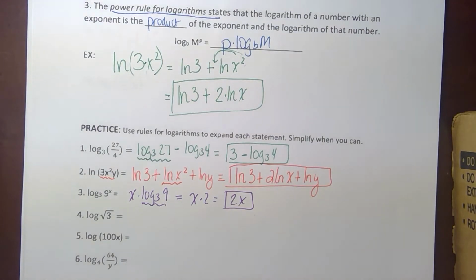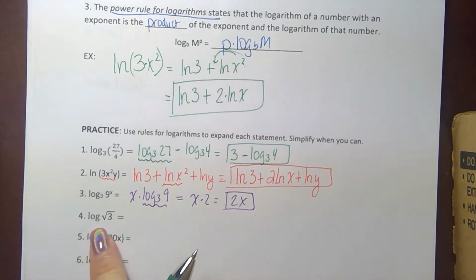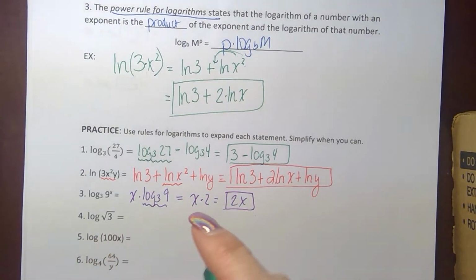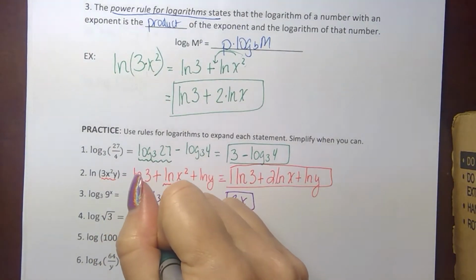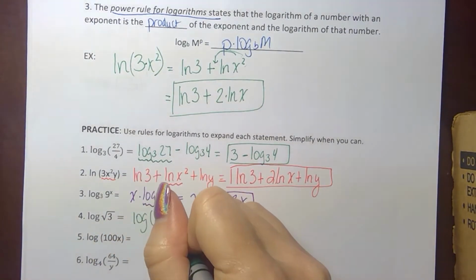All right, number 4. Log, so it's base 10, common log of square root 3. Well, I don't want to mess with radicals as part of a log statement. So we're going to change that radical, that square root, to an exponent. Log of 3 to what power?